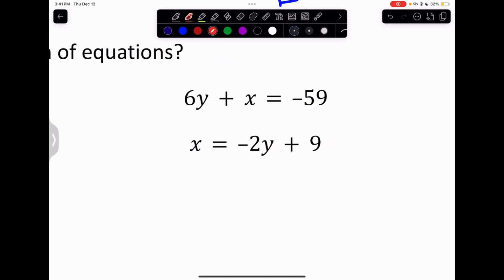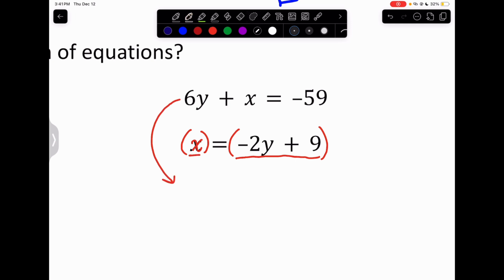Okay, so this is set up currently to use substitution because I already know that x is by itself. I know that x is equal to negative 2y plus 9. So anywhere that I see an x, I can put this instead. In my other equation, I'm going to rewrite it below. I've got 6y plus x equals negative 59.